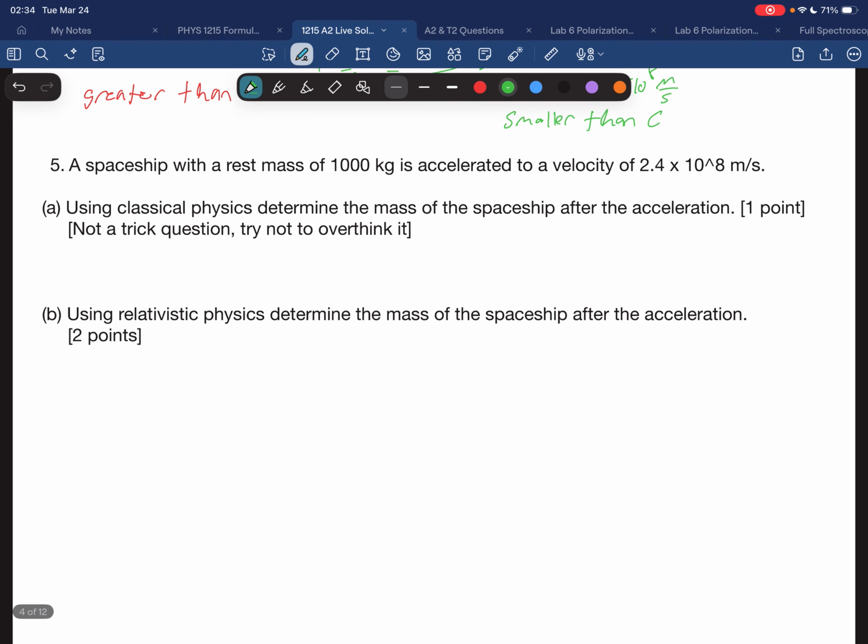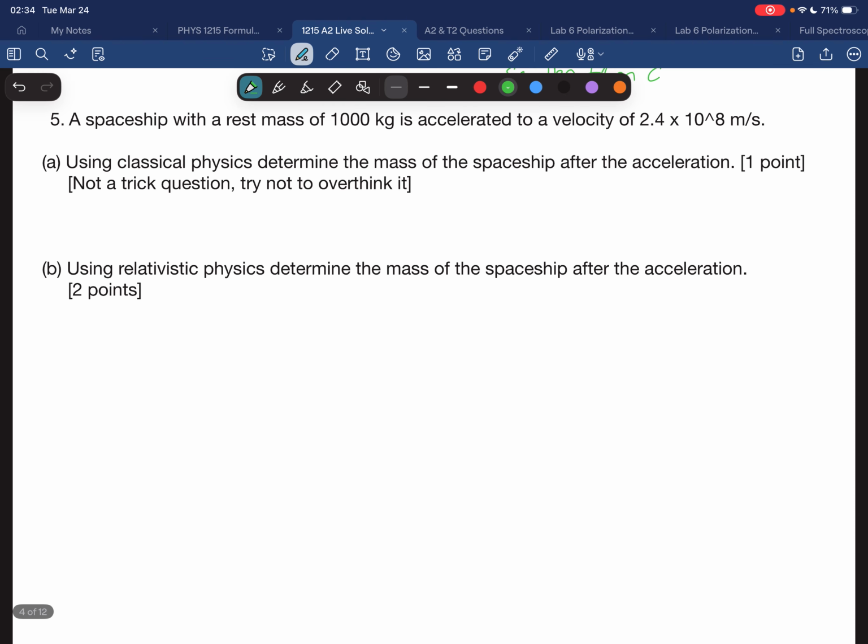Moving on. Number 5, a spaceship with a rest mass of 1,000 kilograms is accelerated to a velocity of 2.4 times 10 to the power 8 meters per second. Using classical physics, determine the mass of the spaceship after the acceleration. Not a trick question, try not to overthink it. In classical physics, the mass is just going to be the same.